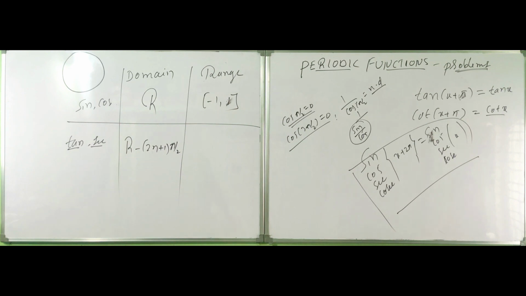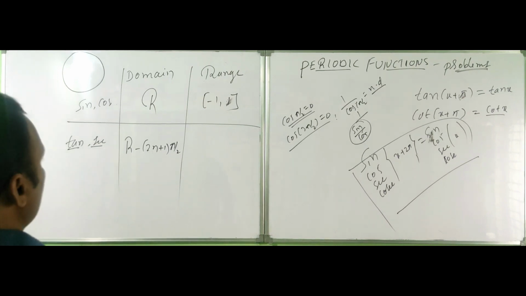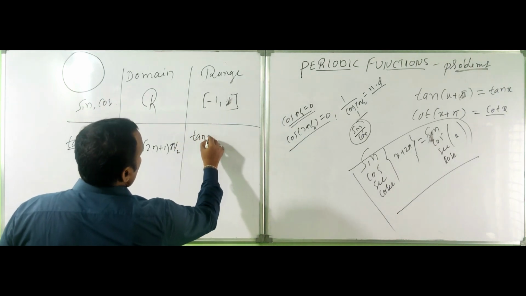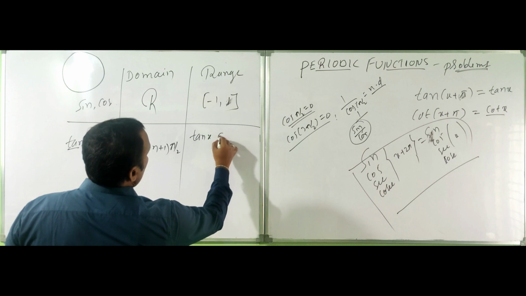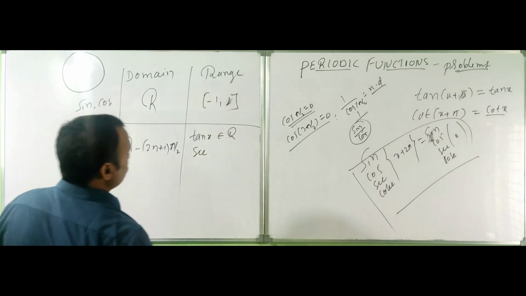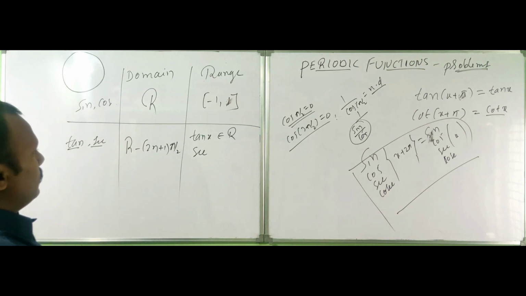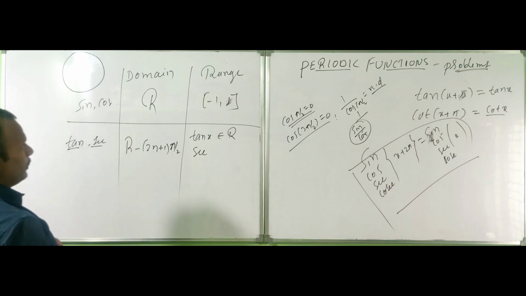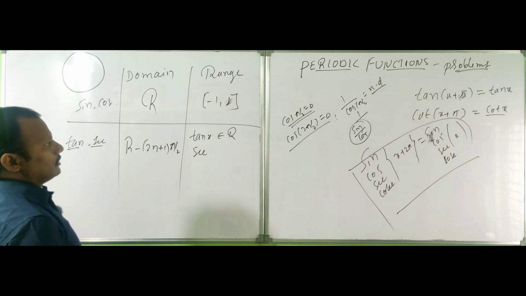What is the range of tan theta? Tan x gives any real number. Secant theta gives a real number except the values between -1 and 1.